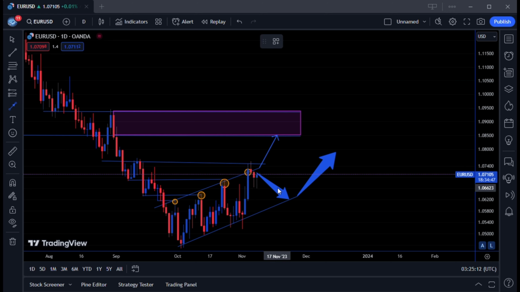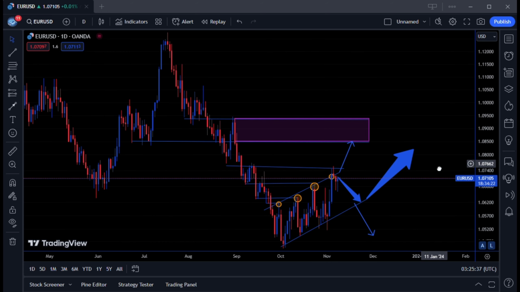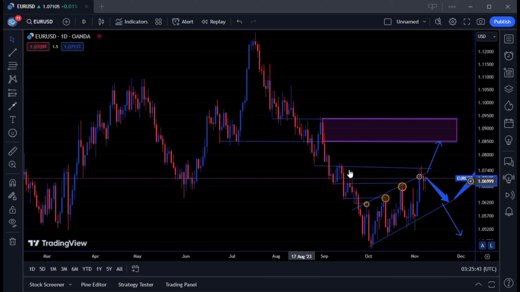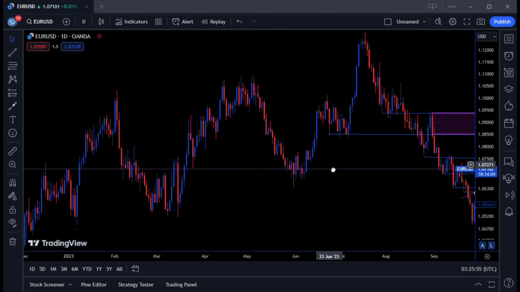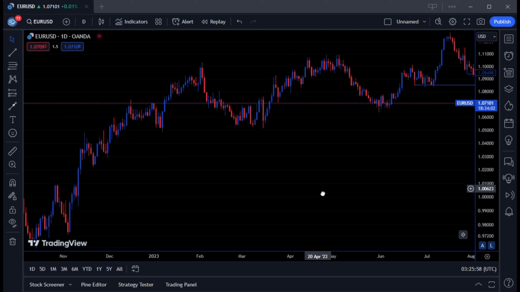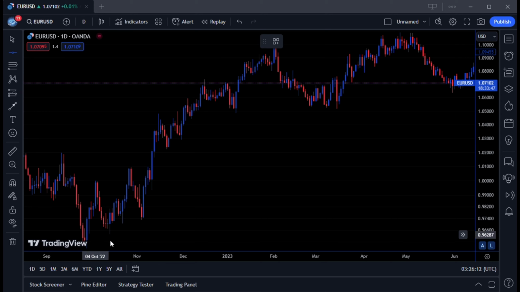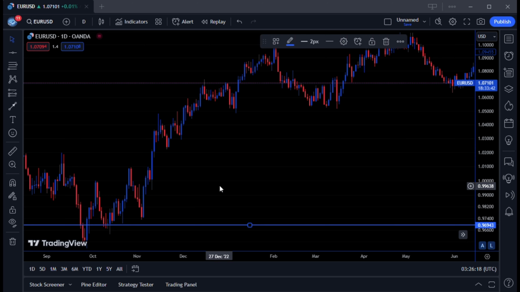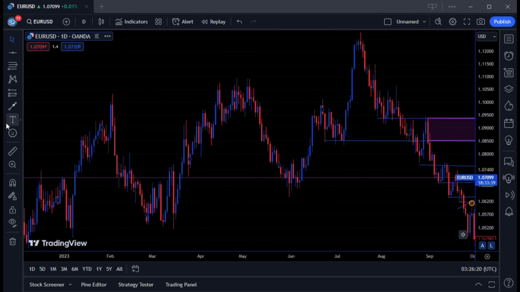In all these possibilities, most likely the market will eventually break the lower trend line. A break from this trend line will see prices trending down. And the extent of the trend will be determined by studying past market movements.